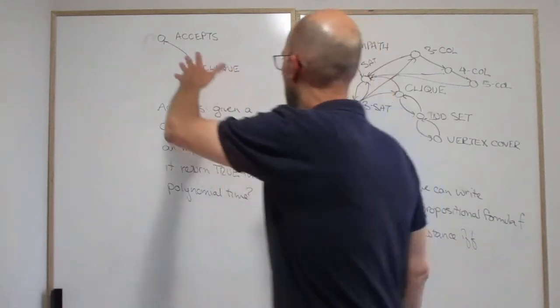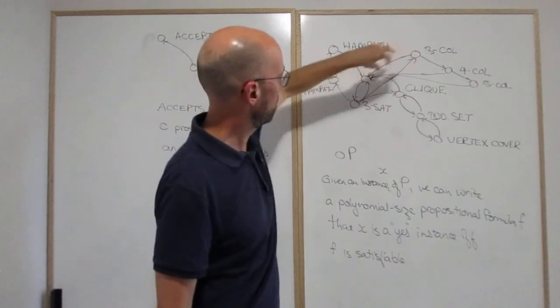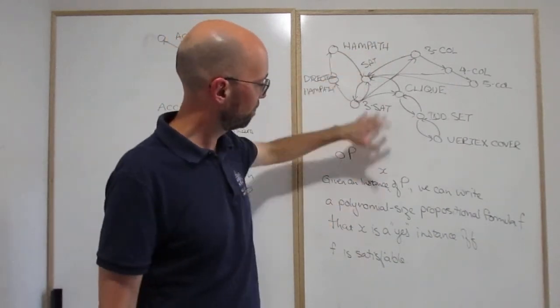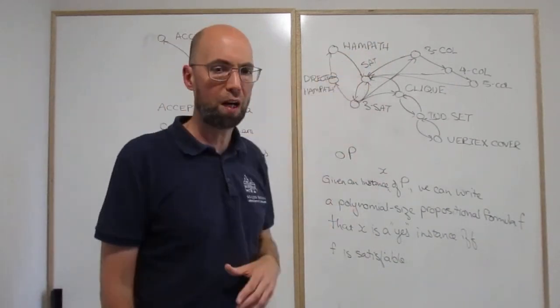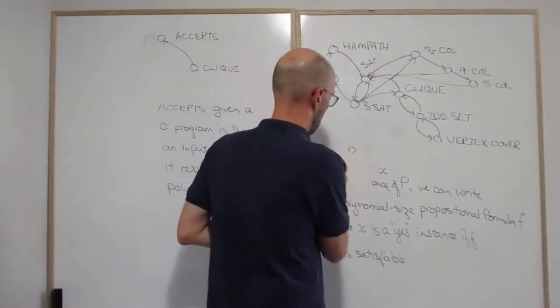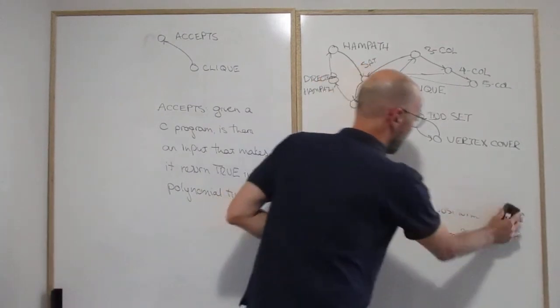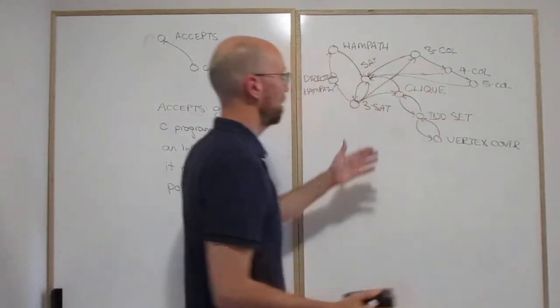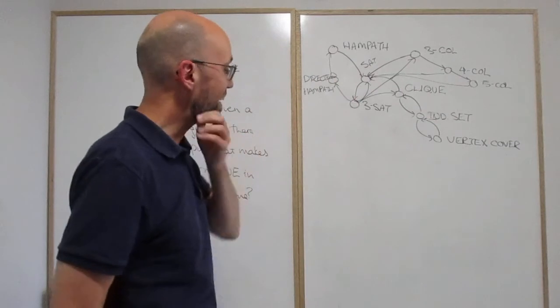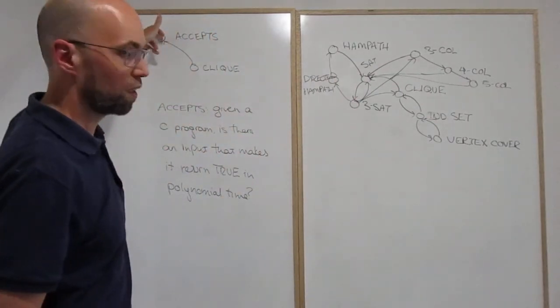So we understand what accepts is, and we understand how these reductions work, why SAT is so powerful. So now, the trick is, instead of saying we can reduce something to SAT, we're going to say it's easy to show we can reduce something to accepts.